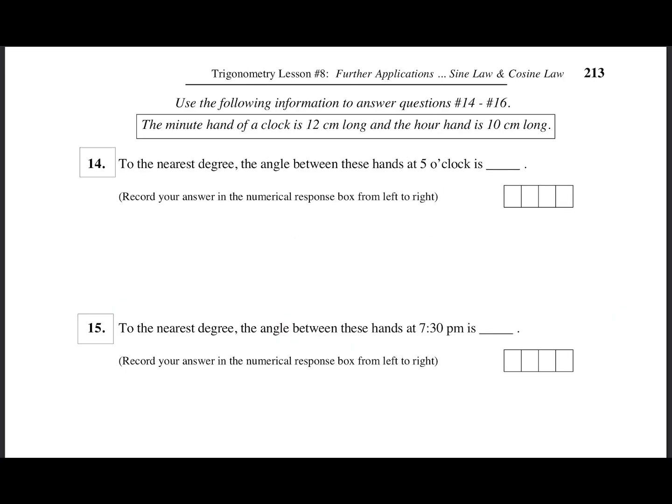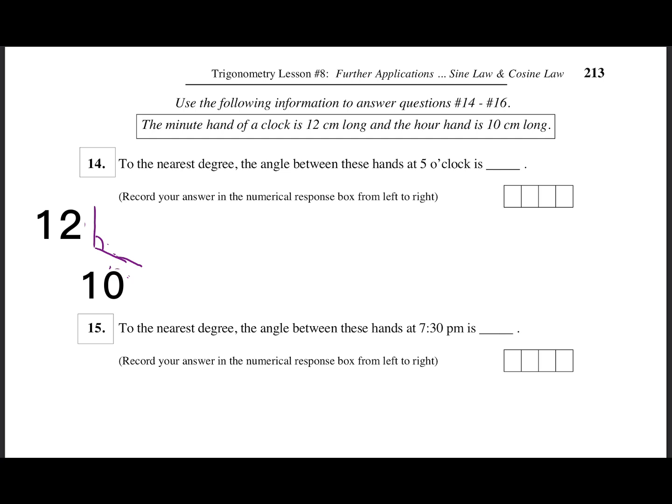The minute hand, okay, number 14, at 5 o'clock, and we need to find the angle. The minute hand is at 12, and the hour hand is at 5, and we need to find the angle between them. How could we find it?